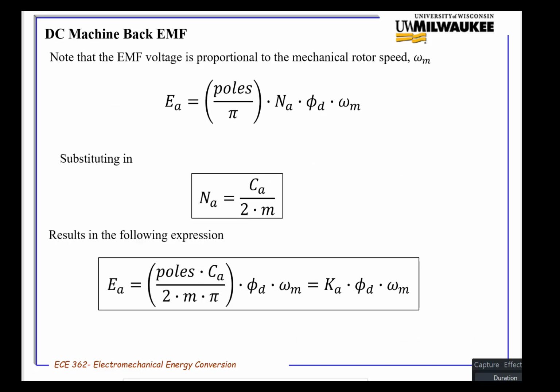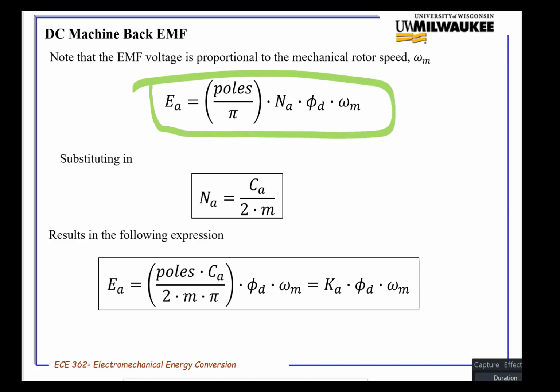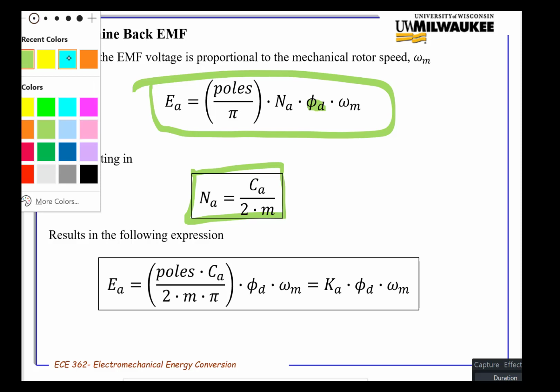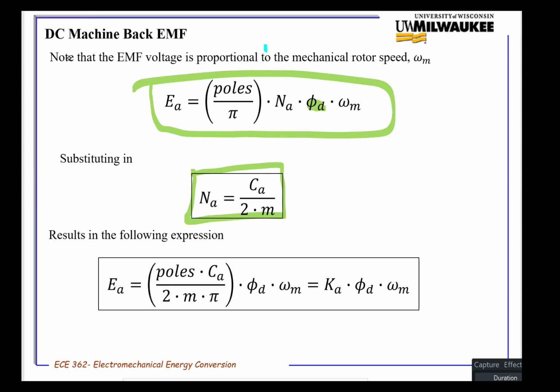So what you got is very, very interesting, because the EA now is poles over 2 times NA. Remember, NA was CA over 2M. And then this is the phi d associated with the field. So this is the armature effect here.